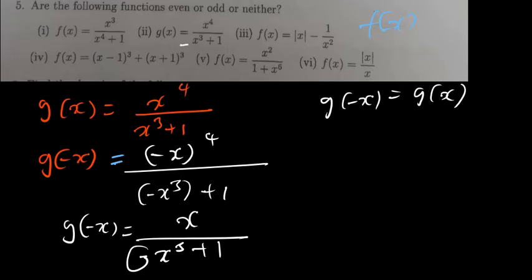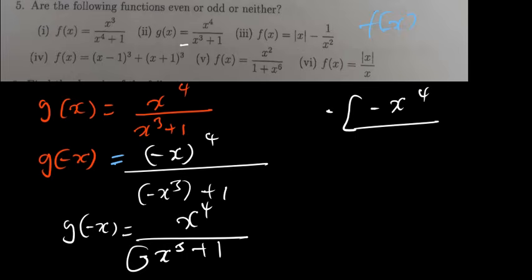Then this is not an even function. So if it is not an even function, what should we do? What if I factor out negative? Do you think the ones in the brackets are going to be the same? Let's see. If I factor out negative, this is going to be negative, x to the power 4 on top, and down here is going to be what?